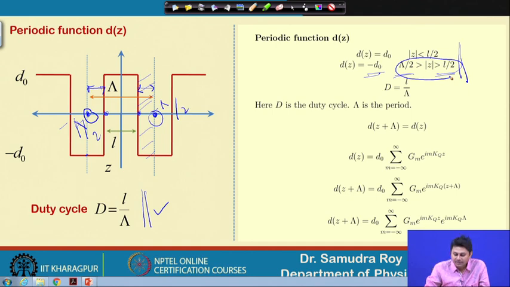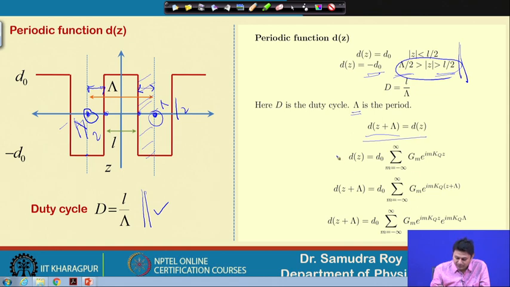So, we define the D function, and based on this function we can try to find out the functional form. One thing one should note is that D has a periodicity lambda. So, the D function should be written in such a way that D of z plus lambda should be equal to D of z. This is the form of a periodic function, we know that.